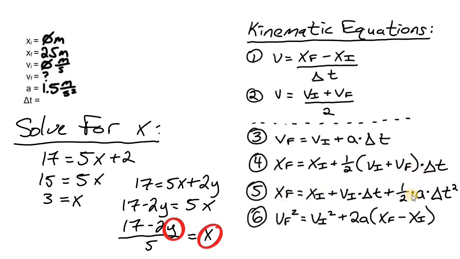This equation over here, well, wait a minute, it doesn't even have a VF, so how would I be able to go about getting a value for VF? I wouldn't be able to, obviously. This one over here, it's got VF, and it doesn't have a delta t. Oh, wait a minute. That's the equation that we did use. This one over here, it's got a VF and a delta t.